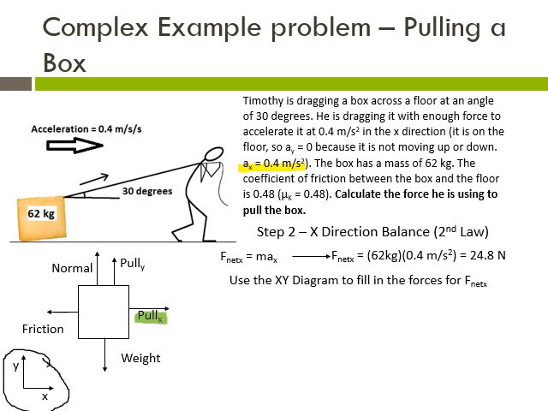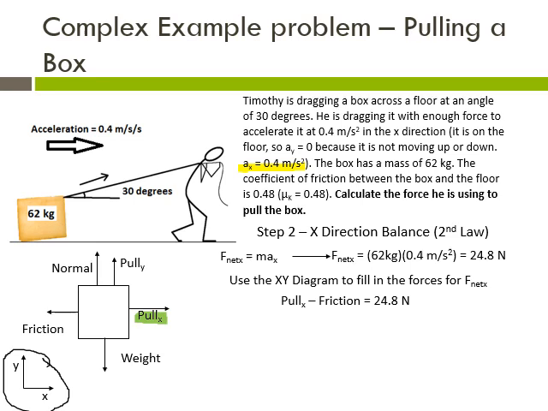So mathematically that looks like this. Net force, again, just adds up all of the forces in the X direction. So to find force net X, we just need to add up all of our positive and negative forces in the X. Our positive force in the X direction is pull X. It's pulling the box to the right. Our negative force in the X direction, which we represent with that subtraction, is friction, trying to slow that box down.